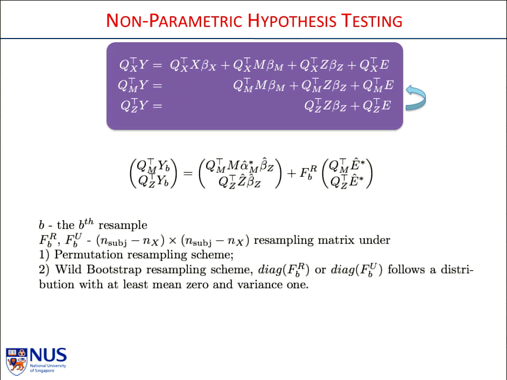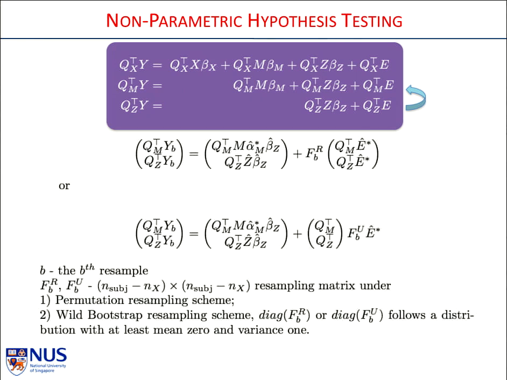So here FB can represent a permutation matrix or a wild bootstrap matrix. And certainly the other way to do the permutation: you still permute the residuals, but instead of permuting rotated residuals, you permute non-rotated residuals.